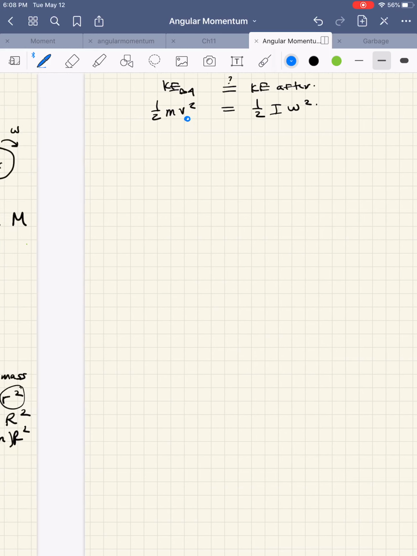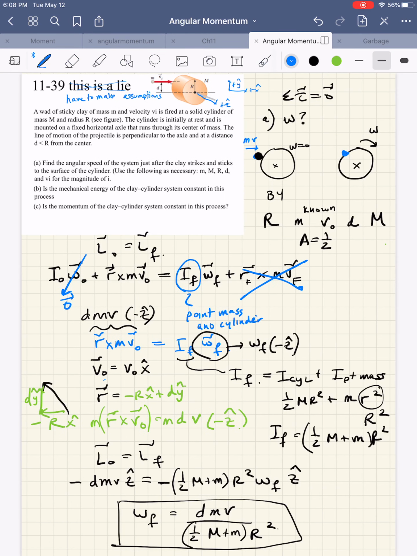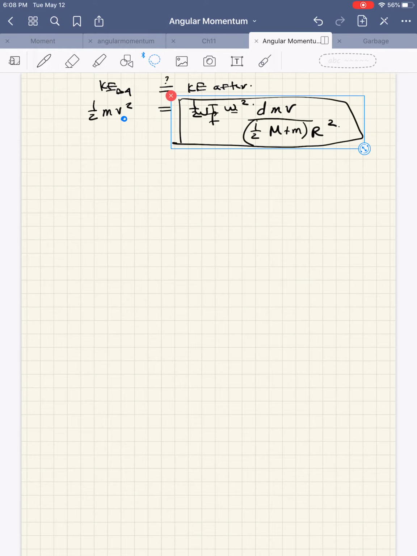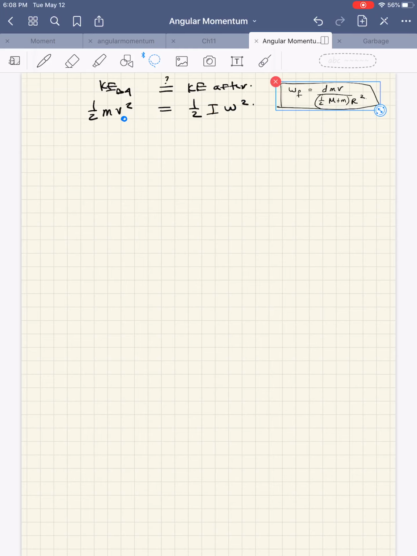For omega squared, I should actually come back to here and cut out my omega. And I'm going to be inputting my omega final into here. I'm also going to need to remember that this is my I value here. That's my I right there.